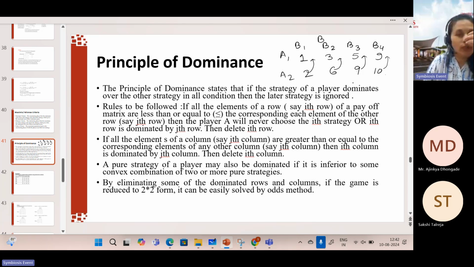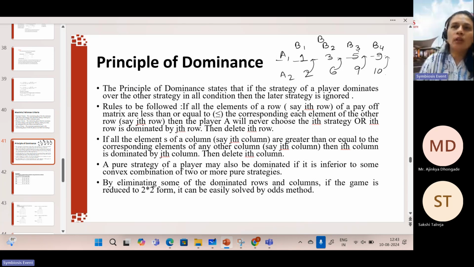So what we observed is all strategic values of my A1 are lesser than those of my A2. So in this scenario, what are we going to do? We are going to eliminate the row with the minimums, right? The row minima is going to be cancelled out. So I am going to simply eliminate this.